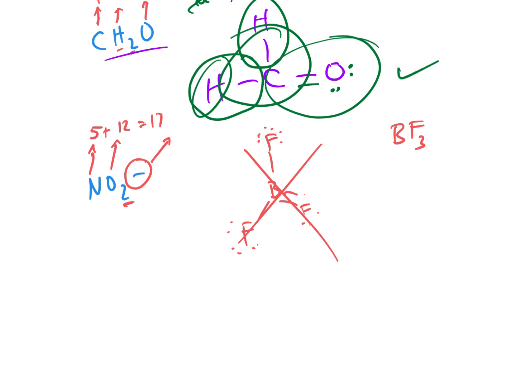All right, so let's continue with NO2 minus. What's NO2 minus called? Does anybody know? Nitrous oxide? Not quite. NO2 minus has a special name, nitrite. This is a polyatomic ion. How do we know? Because it has a charge. So do you all have the list of polyatomic ions I gave you?